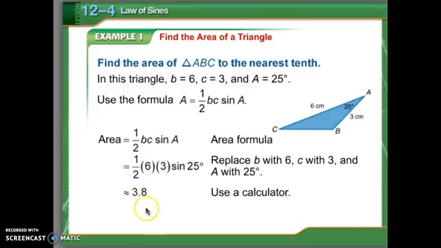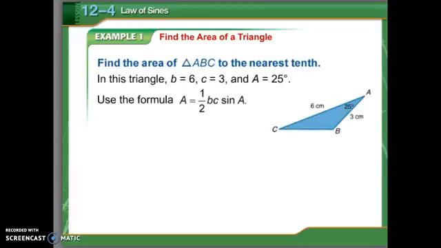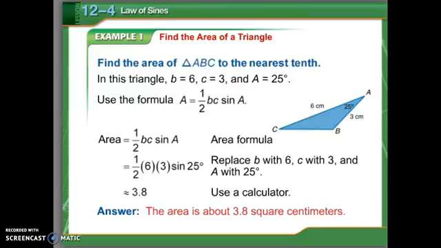When we do that, just plugging it all in the calculator, you get about 3.8. So the area of this triangle is 3.8 centimeters squared, not units, because they obviously have centimeters here on this triangle.